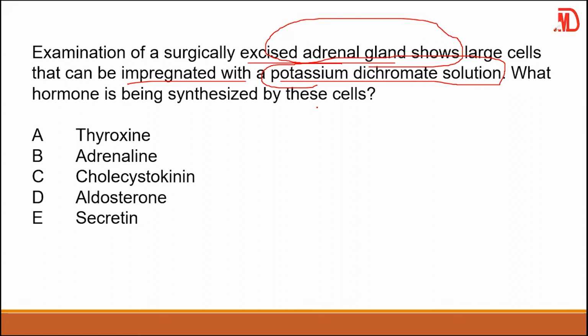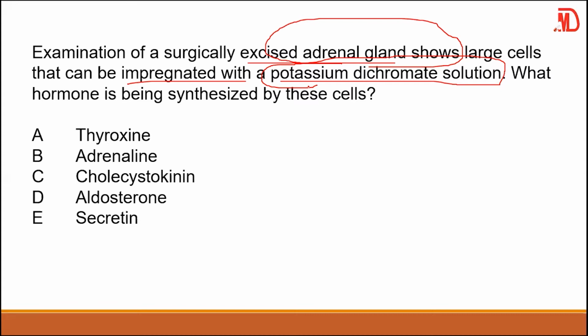Now, when the adrenal gland is impregnated with chrome salt, which is the potassium dichromate solution, basically, inside the adrenal gland, to be specific inside the medulla, we have stored catecholamine granules.